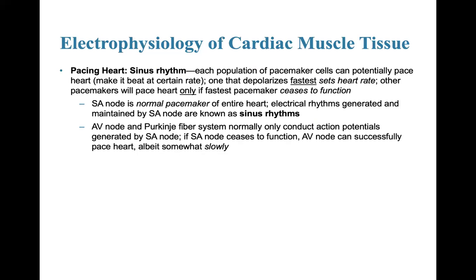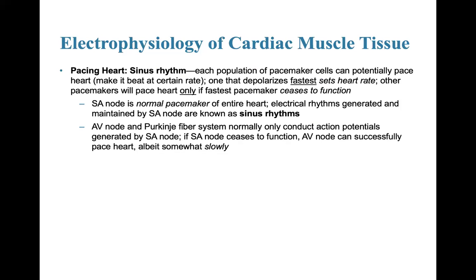Sinus rhythm: each population of pacemaker cells can potentially pace the heart, making it beat at a certain rate. The one that depolarizes fastest sets the heart rate. The other pacemakers pace the heart only if the fastest pacemaker ceases to function. So the SA node is the normal pacemaker of the entire heart.